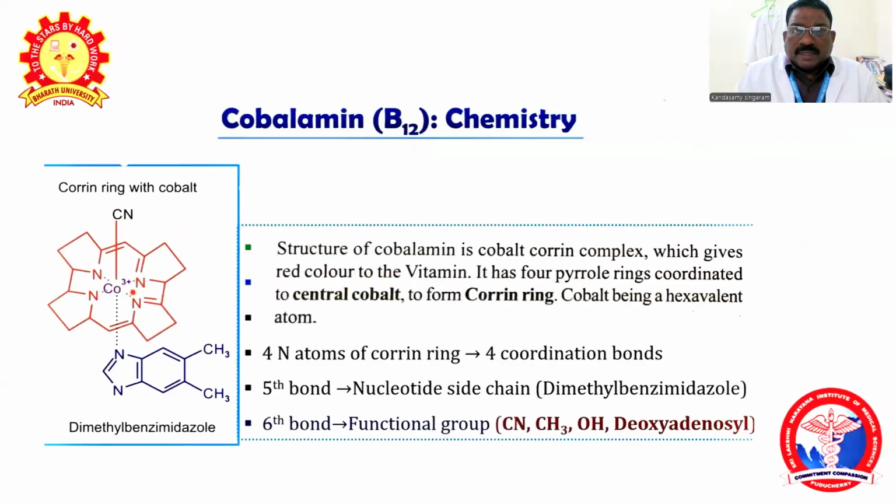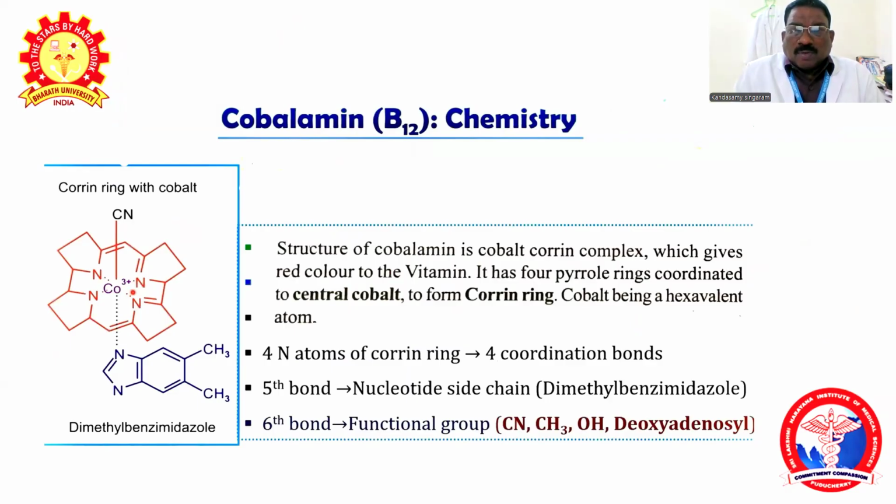Let us see the chemistry of vitamin B12. The structure of cobalamin is a cobalt corrin complex, which gives the red color to the vitamin. It has 4 pyrrole rings coordinated with the central cobalt atom to form the corrin ring.